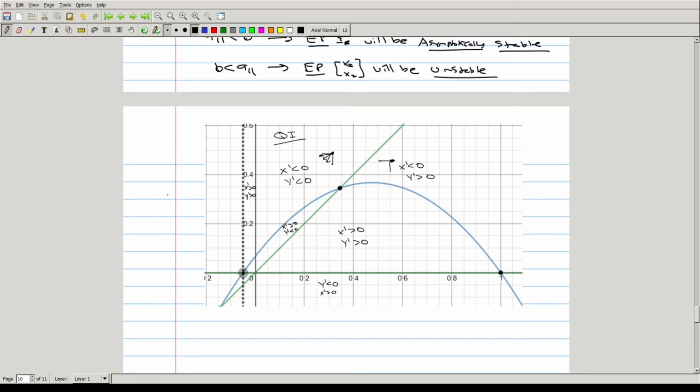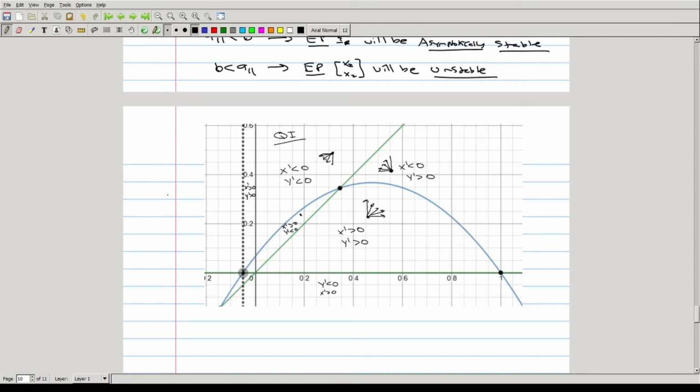X prime is negative here and y prime is positive right here, so the solution direction will be like this. X prime is positive in this region and y prime is positive in this region, so the solution direction will be like this.